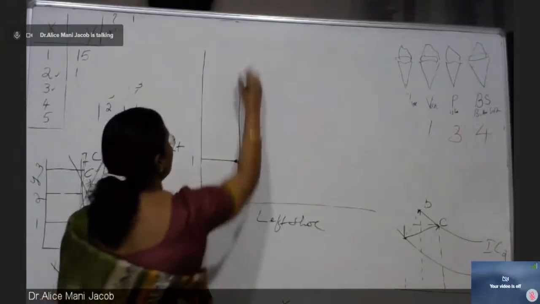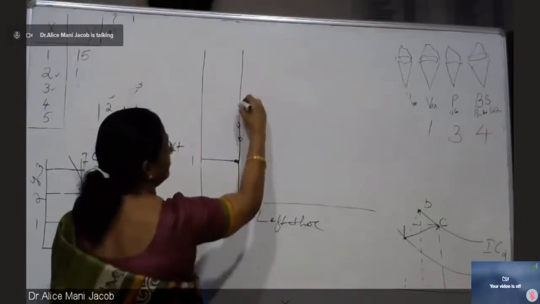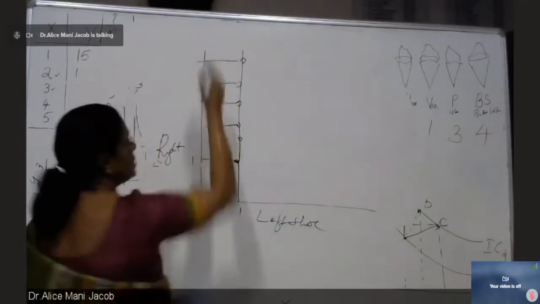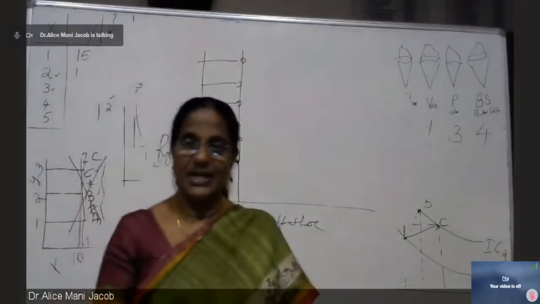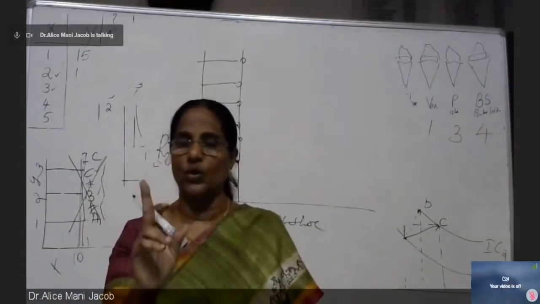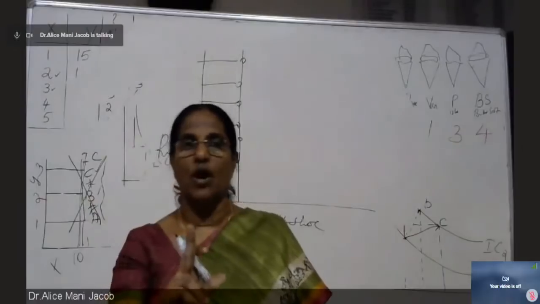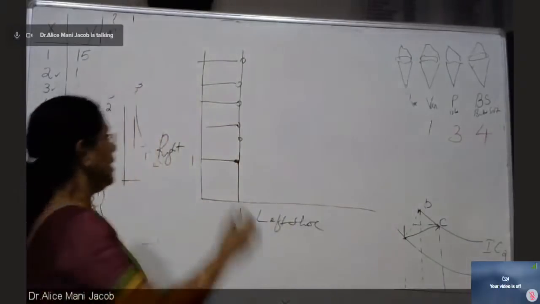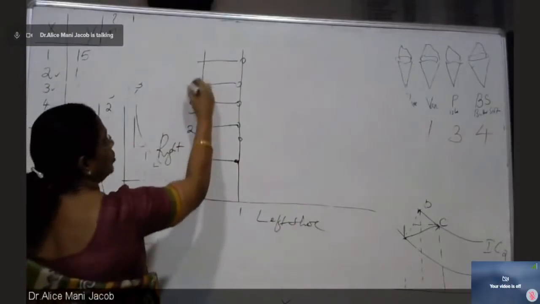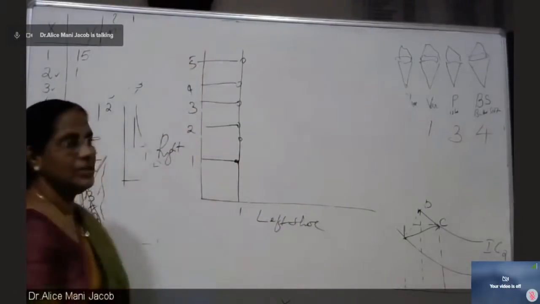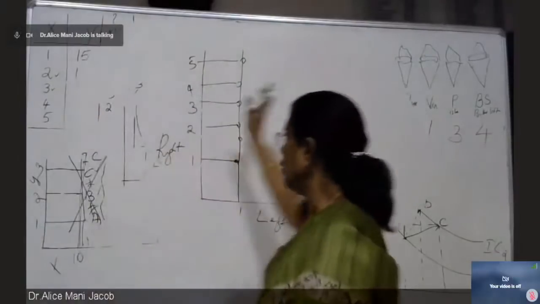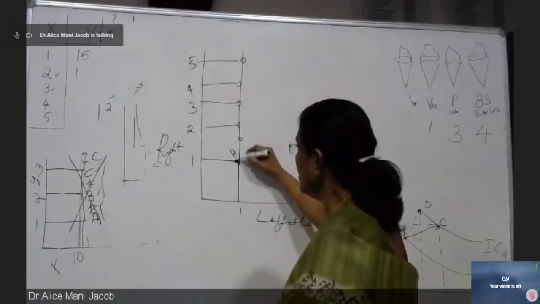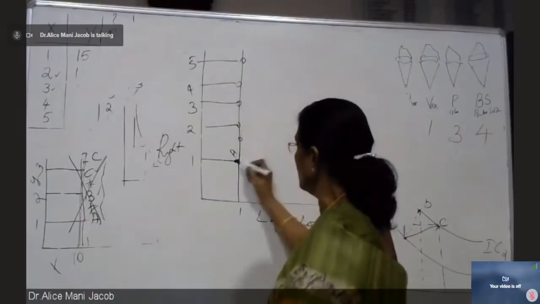Any number of right shoes somebody gives you, any number of right shoes added up, will it increase your utility? No, you will remain at the same level of satisfaction or the same level of utility. These are 2 right shoes, 3 right shoes, 4 right shoes, 5 right shoes. No, your satisfaction is the same level.